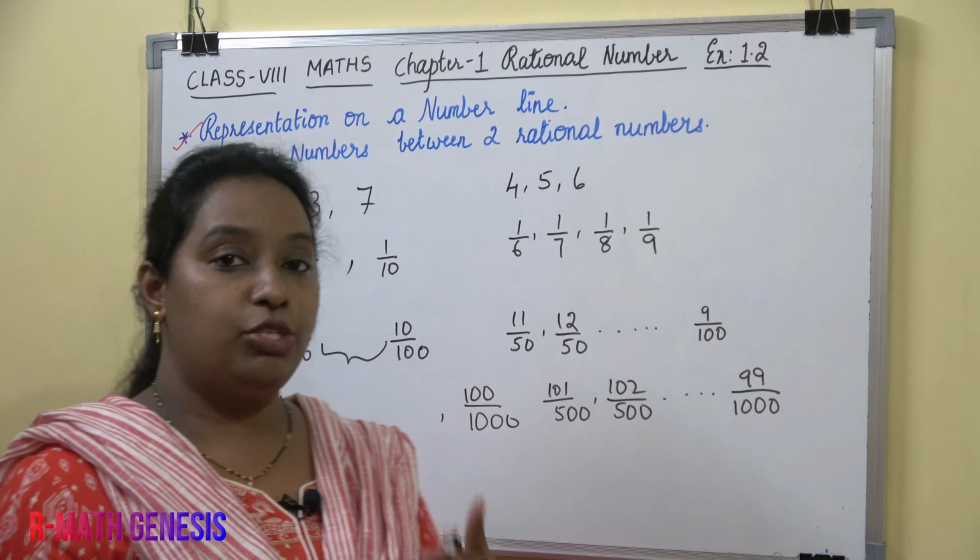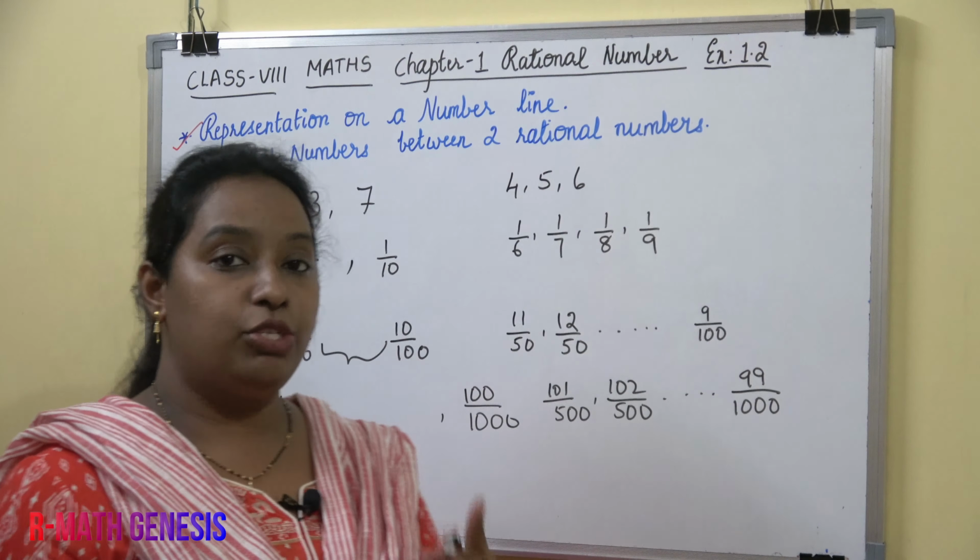What does method 1 say? The denominator method means we have to make sure that both denominators are equal. So 1 by 4 I'll multiply by 2 to get 2 by 8. Similarly, 1 by 2 I'll multiply by 4, so we get 4 by 8.